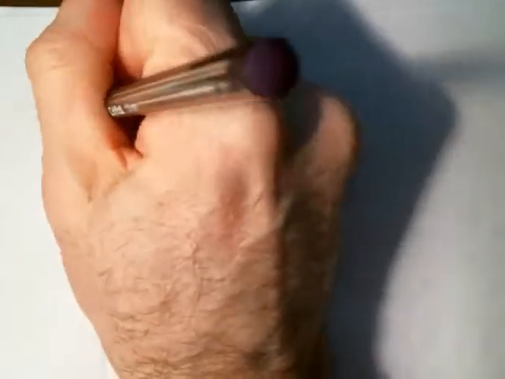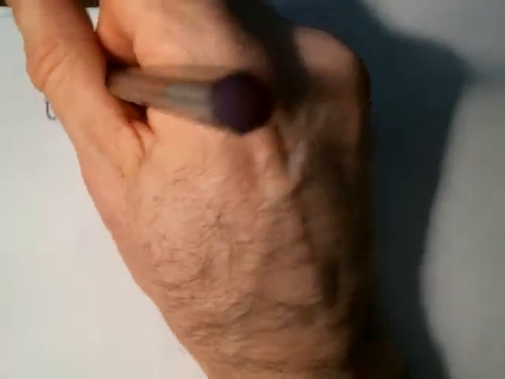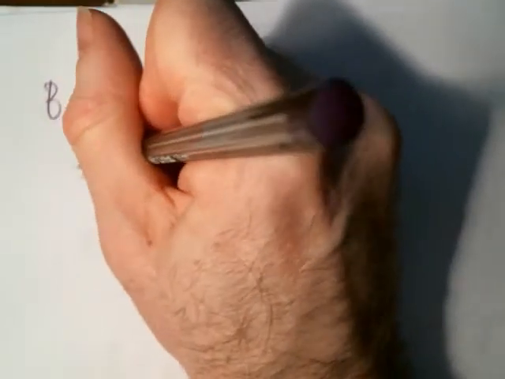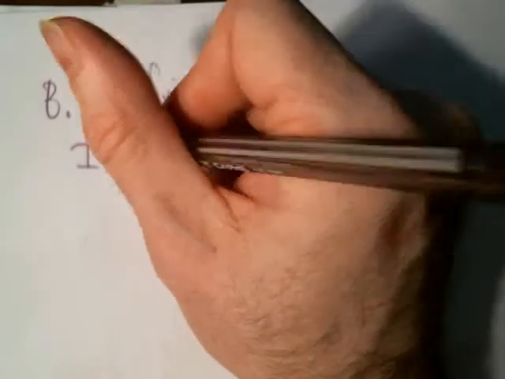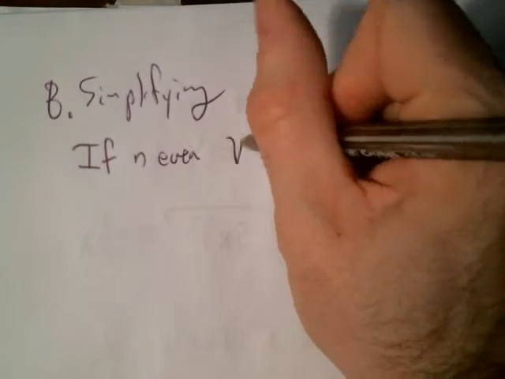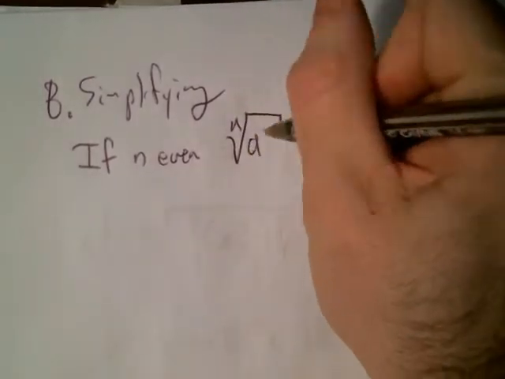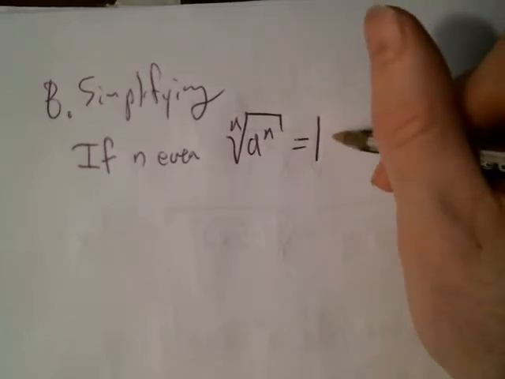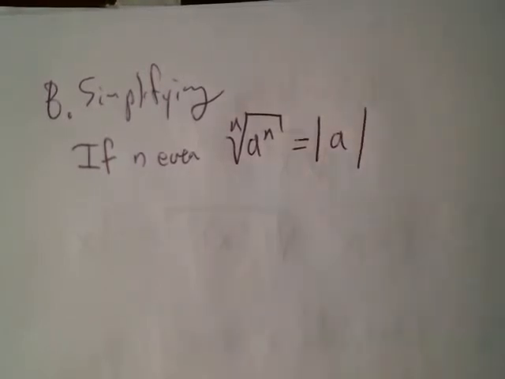What happens if I take the nth root of something raised to the nth power? Do they just cancel each other out? If n is even, and you take the nth root of something raised to the nth power, you've got to use the absolute value symbol.